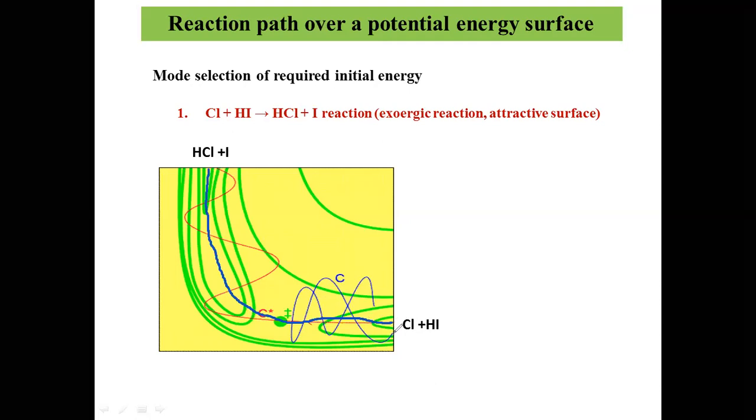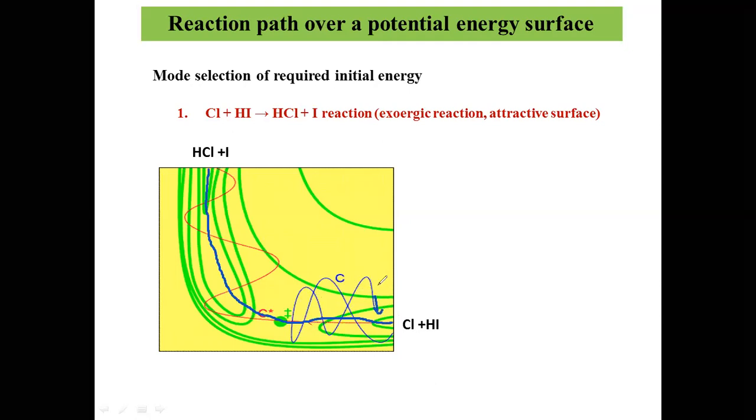Then what happened? This ball, let's say, as if we are throwing the ball, goes like this to the wall, then to the other wall, and going there. Then it bounced back before the saddle point. The saddle point is a little high, and then it comes back to the reactant zone. Right.